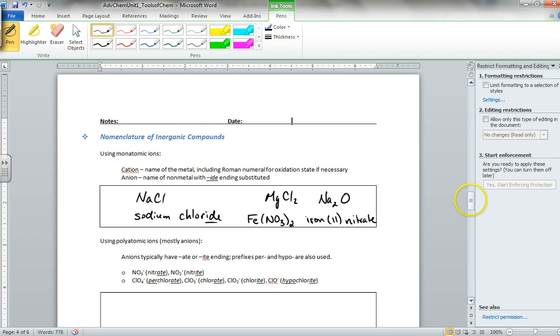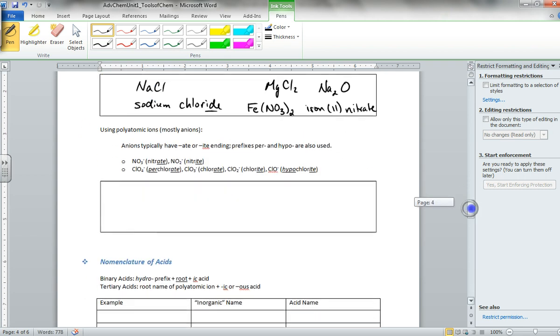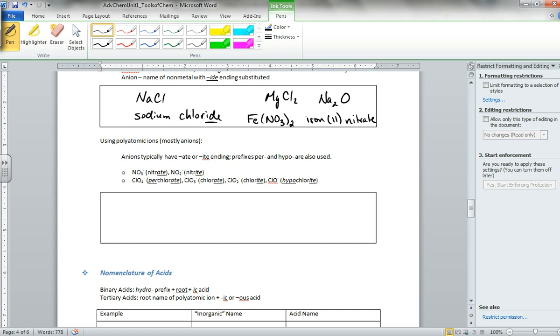Now right there in my example, instead of having just a basic anion with an IDE ending, I already jumped to one that has a polyatomic ion. The nitrate ion is a polyatomic ion because it is a group of atoms with more than one atom together with a charge.